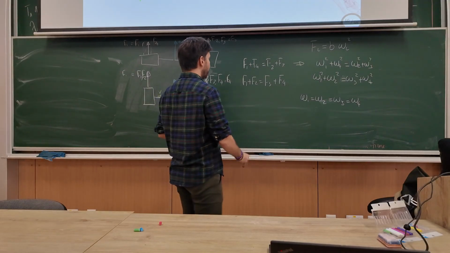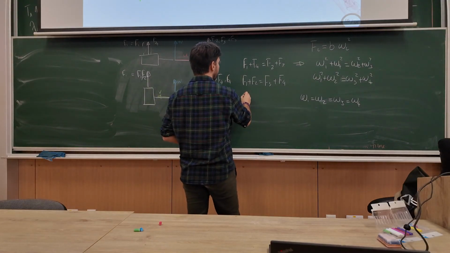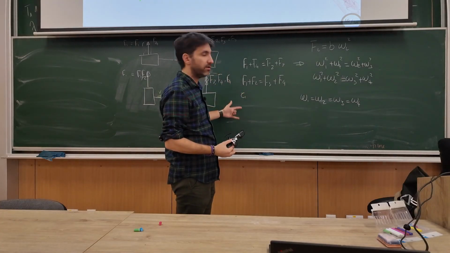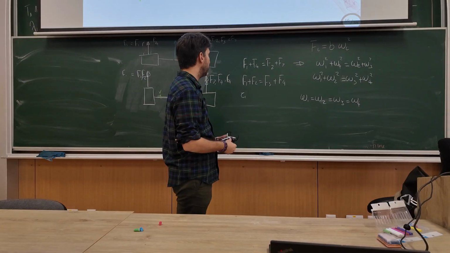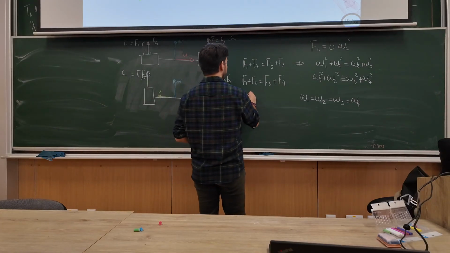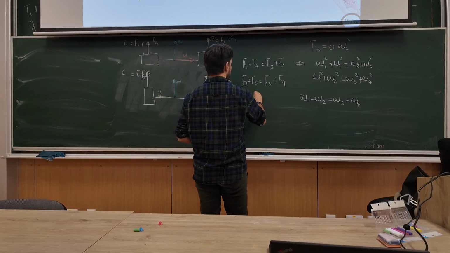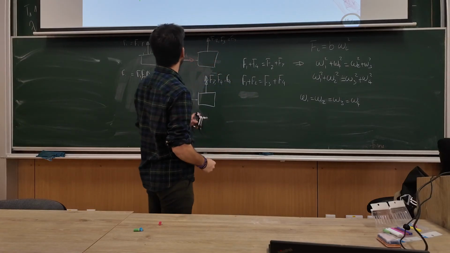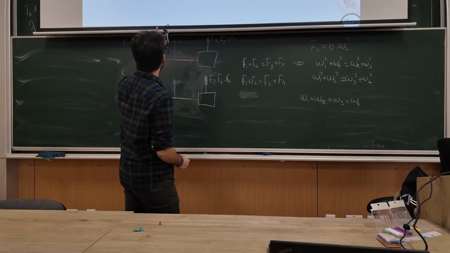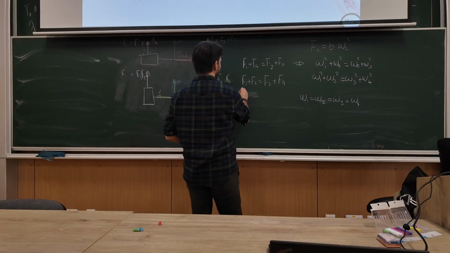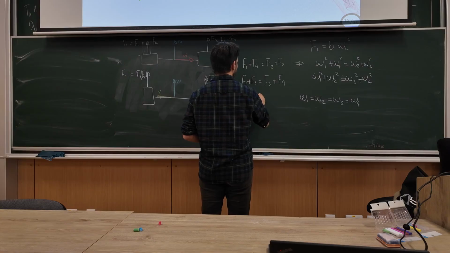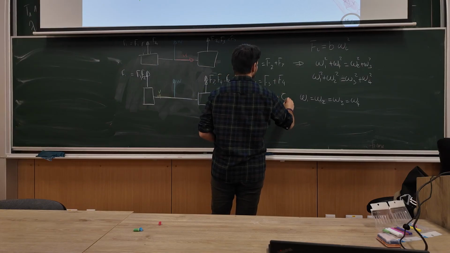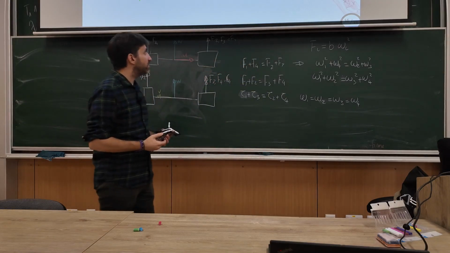So what else do we have here? We have torque. I have basically two more equations here for these two. Torque 1 plus torque 3 has to be equal to torque 2 plus torque 4, sorry. Why these two pairs?